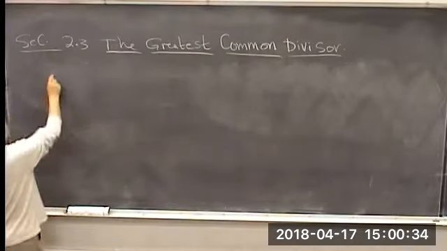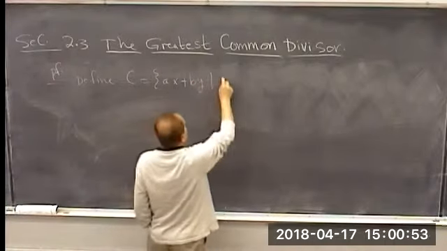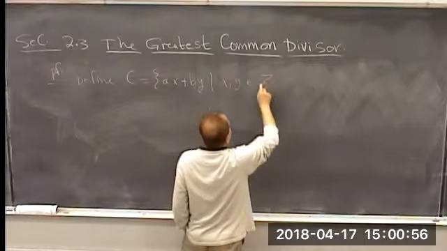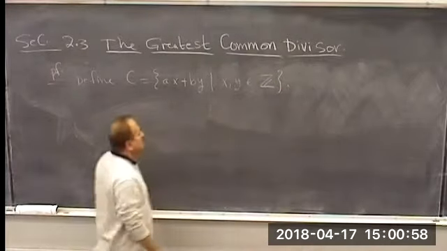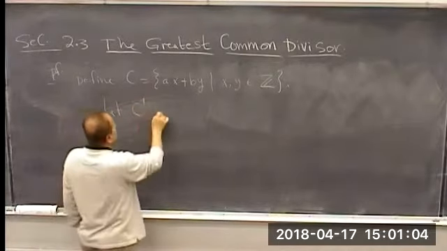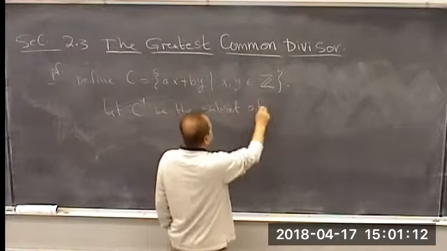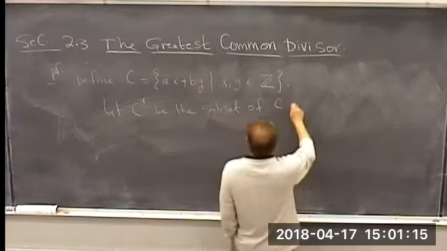We're going to define C to consist of Ax plus By, such that x, y are integers. And we're going to let C plus be the subset of C whose elements are positive.